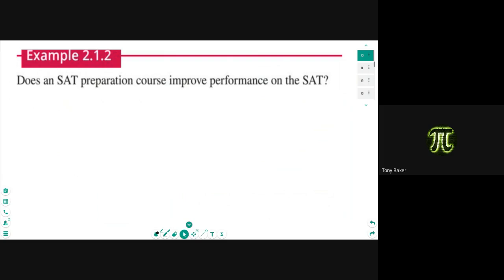So the SAT scores. Yeah, so the scores at the end. When you're picking a response variable, you want to pick something that will specifically tell you was it successful or not. So in this case, the SAT scores. Okay. What's the explanatory variable? The SAT prep class. Okay.